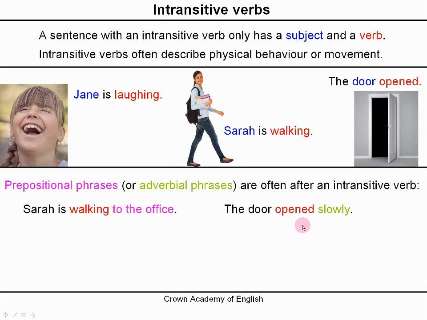The door opened whom? There's no answer. Therefore, there's no direct object, and so the verb is intransitive. And here, walking is also intransitive. But we often use prepositional phrases and adverbial phrases with intransitive verbs simply to give us more information about the action.